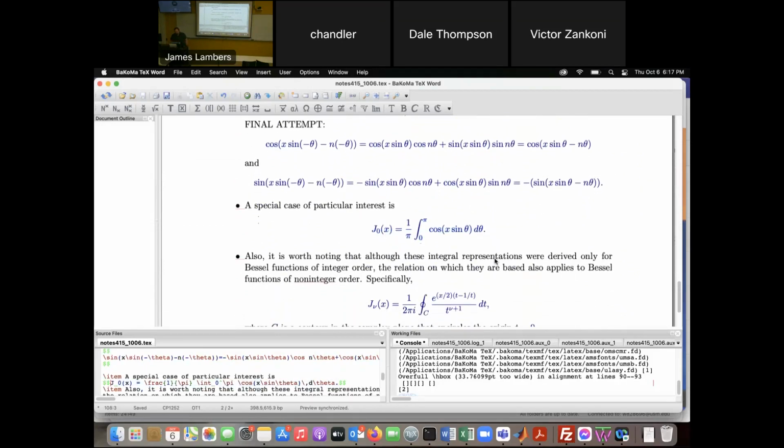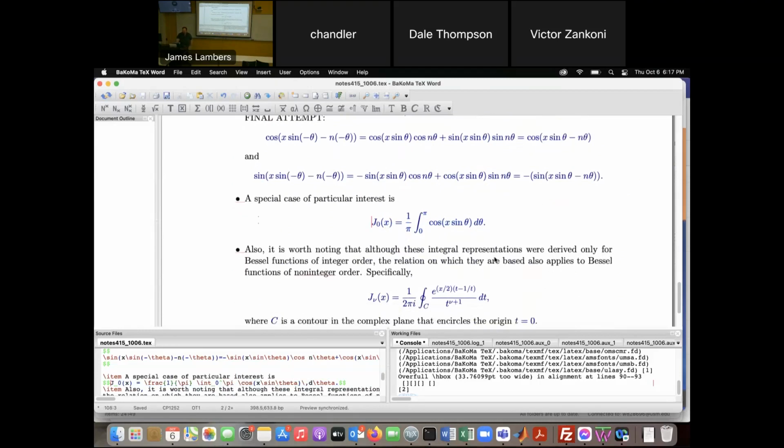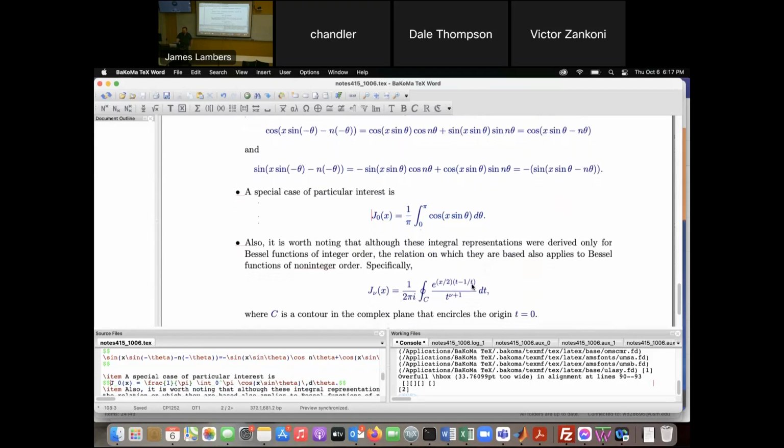Now, everything I showed you applies to special functions of integer order, but the residue theorem can be applied just as easily to special functions of non-integer order. So this relationship that we used previously for Jn still holds for whatever non-integer order nu that we have here.